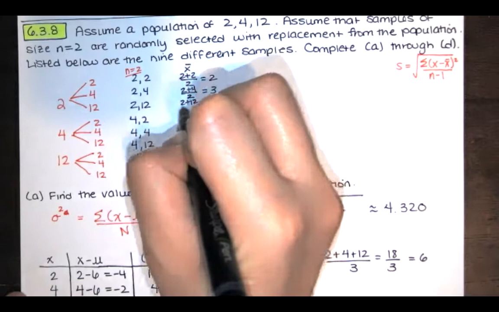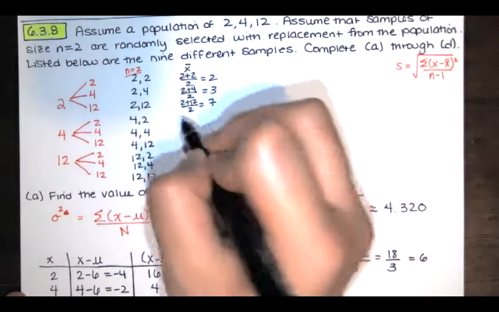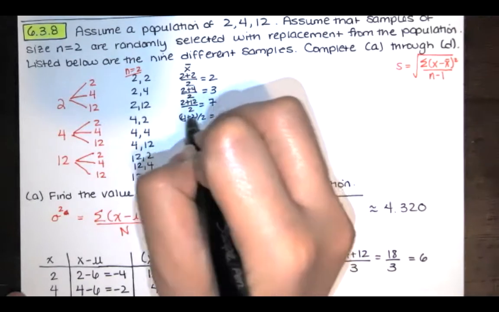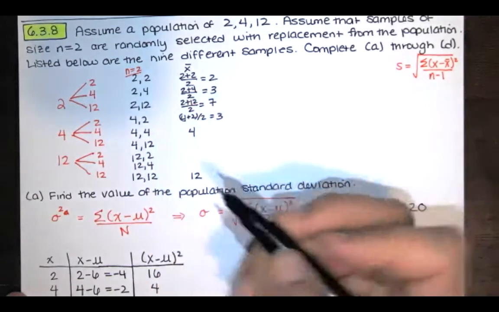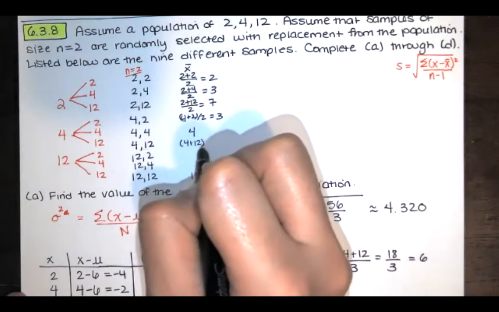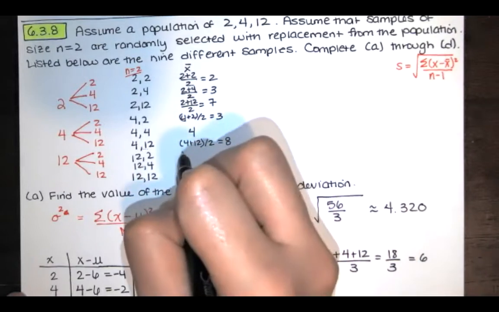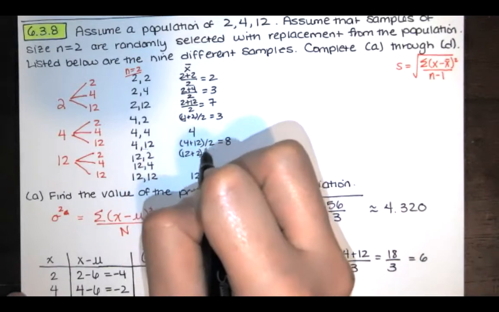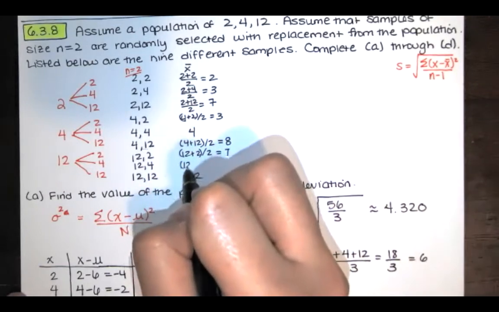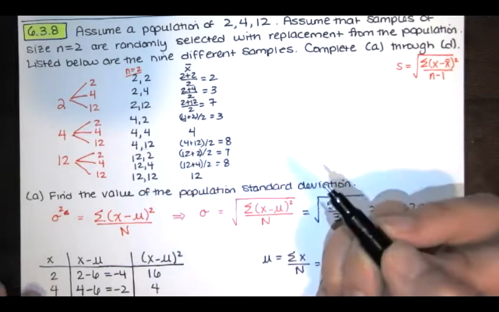Here I've got 12 plus 2 over 2, so that's 14 over 2, which is 7. 4 plus 2 divided by 2, again, is 6 over 2, which is 3. Now I've got 4 plus 12 divided by 2, so 16 divided by 2, which is 8. 12 plus 2 divided by 2, that's 14 over 2, which is 7. 12 plus 4 divided by 2, 16 over 2 again, which is 8.